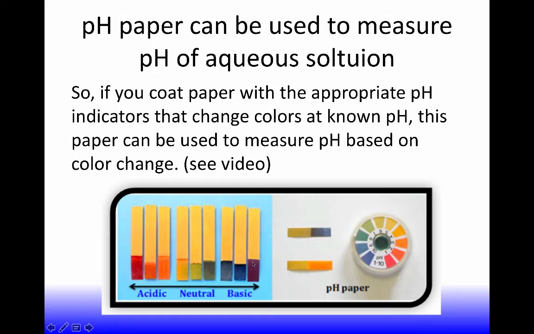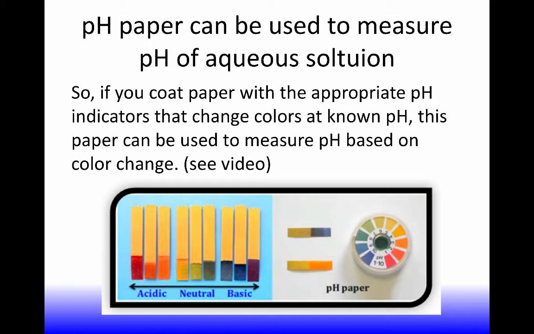A very strong base here might actually be pH 10. They give a whole range of colors. You can see neutral, which is 7, is sort of this greenish color. So these are more acidic, these are more basic, these are more neutral. Some pH papers can get very, very accurate results. If you look at the video, you can look at that.